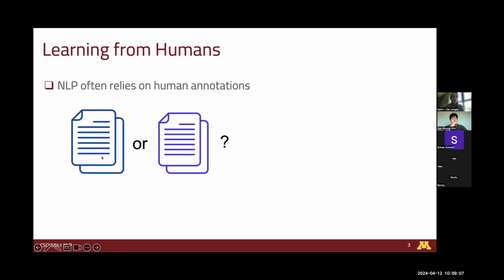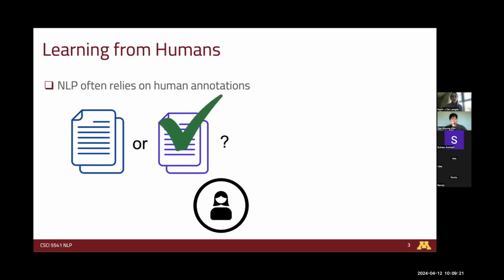And how it works is you basically have a couple of documents, a couple of pieces of text. And then you bring in some human annotators, and you ask them which text they like better, and the human answers. And you use this information to develop NLP systems that are going to be creating this better text, right?